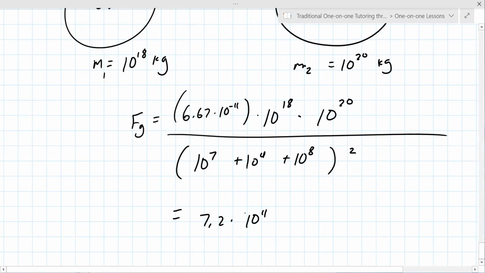I got 7.2 times 10 to the 11th when I did this calculation. That's what I got too.